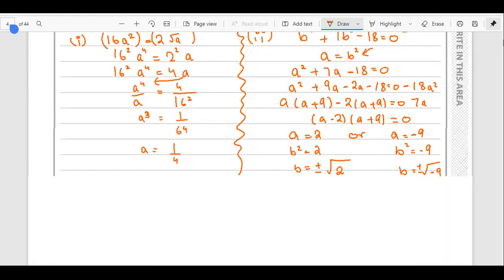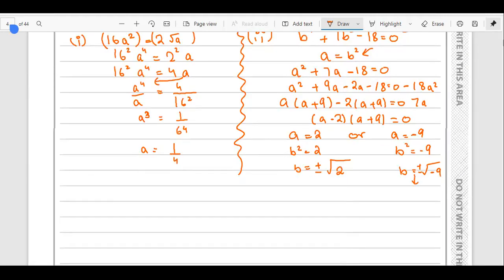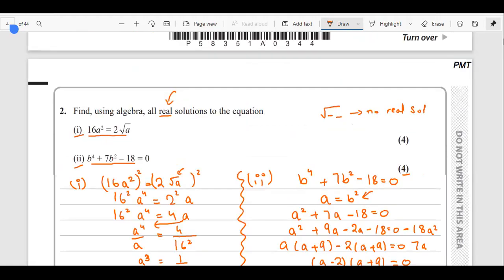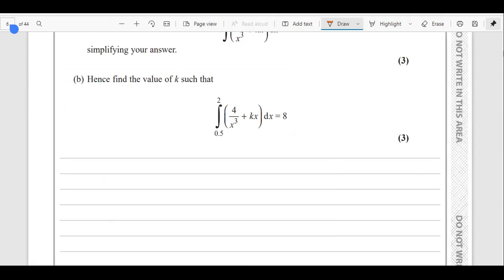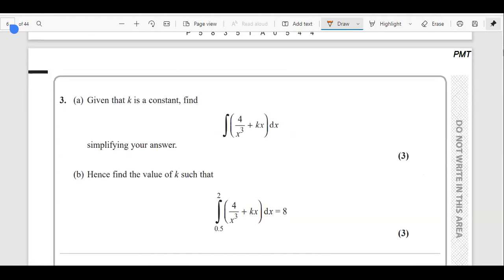So this is not a real solution. We'll write these two only. So this is the answer. Anything you would like to ask in this question? Okay, so you have understood it, right? Let's talk about the third question then.